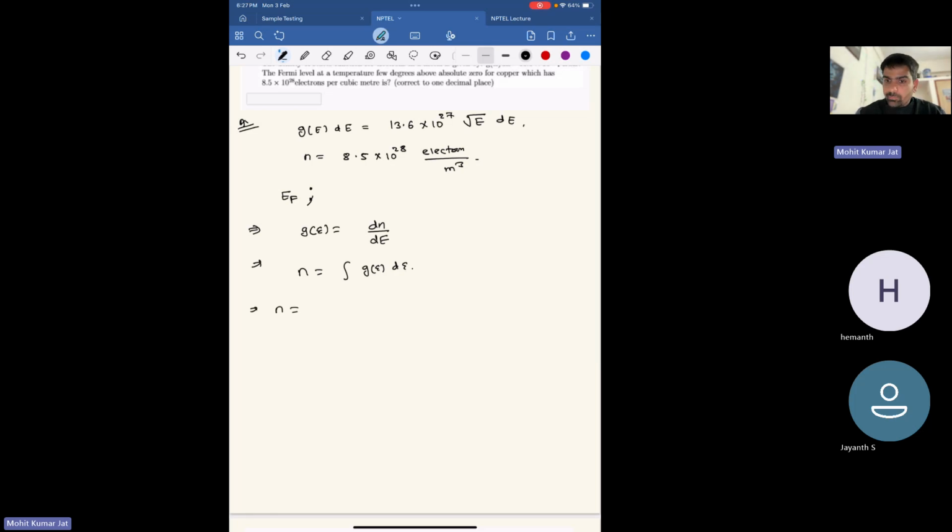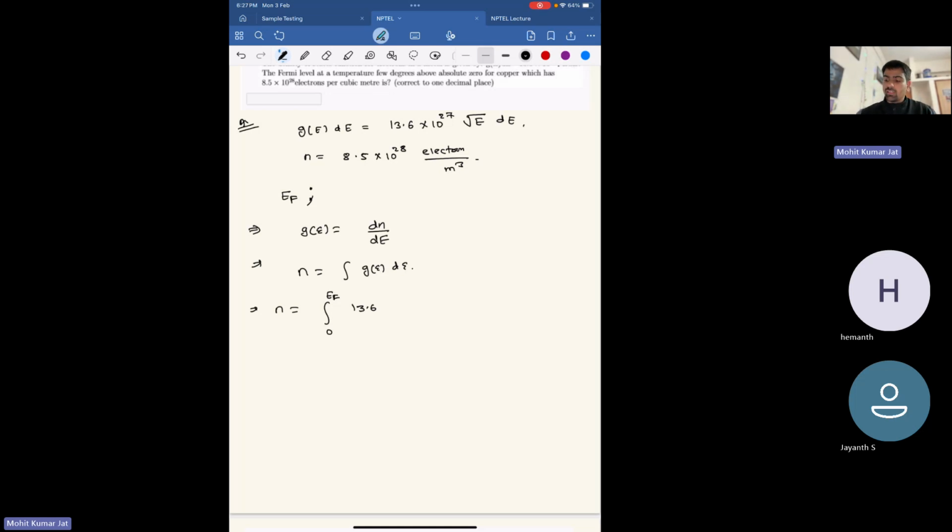That will give me N as the integral from 0 to EF of 13.6 × 10^27 E to the power half dE, because I have to take the levels from the ground state, which is 0, the bottommost level, and fill it till the Fermi energy.